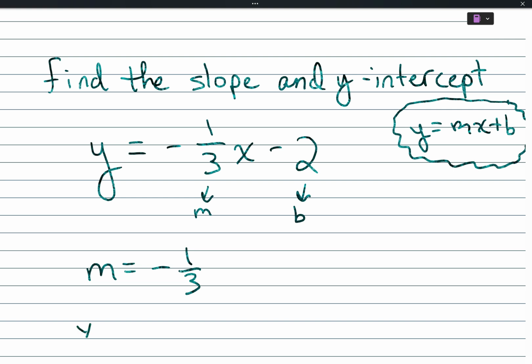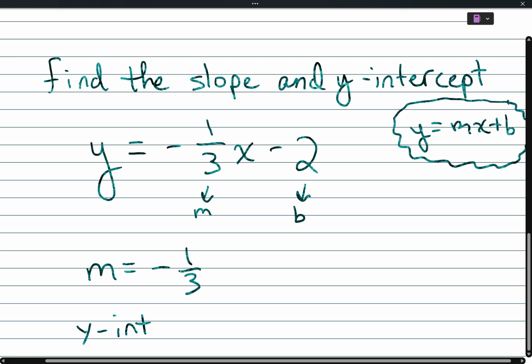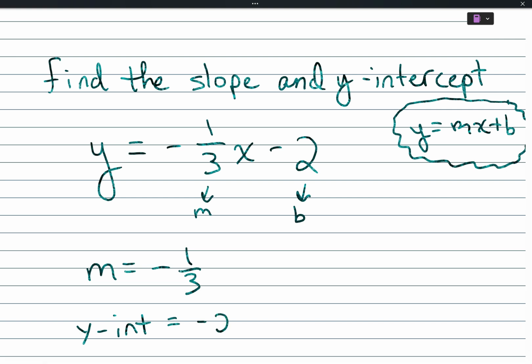And then the y-intercept, or you can call it just the b, if your teacher wants that, is negative 2. Or some teachers want you to be more specific and say, what's the ordered pair? What's the point? The actual point is 0, negative 2, right? Because that's where it crosses the y-axis. So as long as it's solved for y, then you can identify the m and the b, the slope and the y-intercept.